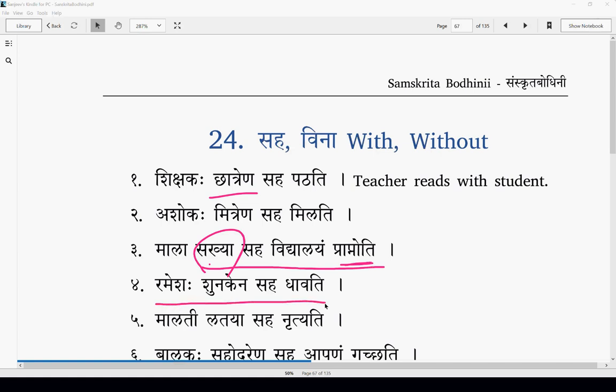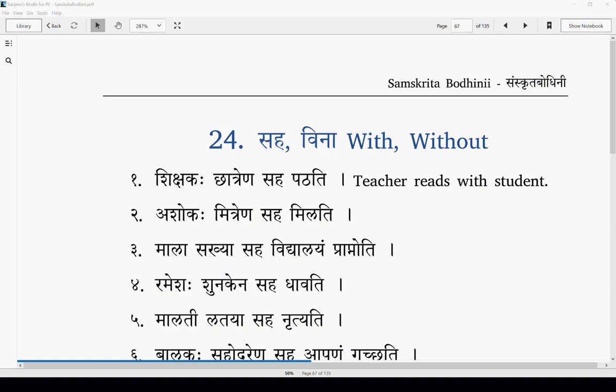Take the next one also. Rameshaha shunakena saha dhavati. Dhavati, runs. Kena saha? Shunakena saha. With the dog he runs. So for running, is the shunaka, the dog, an instrument? No, not really. It can be with someone or with something, but that is not an instrument.